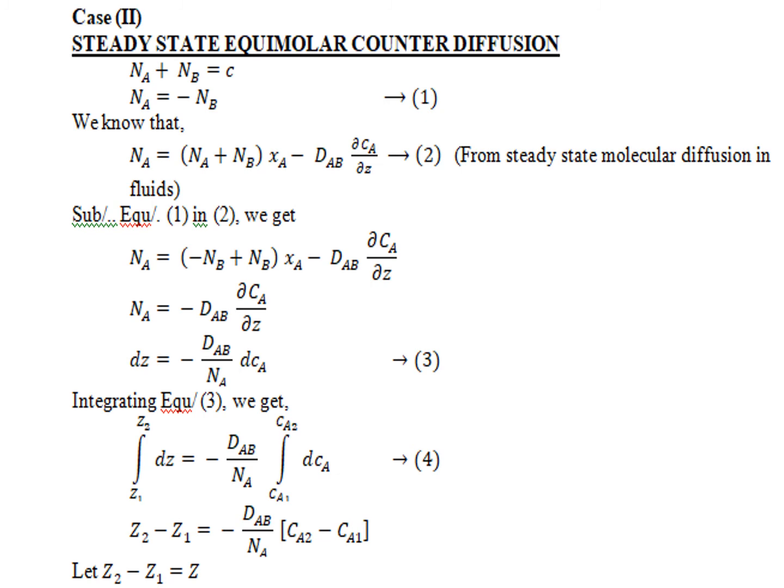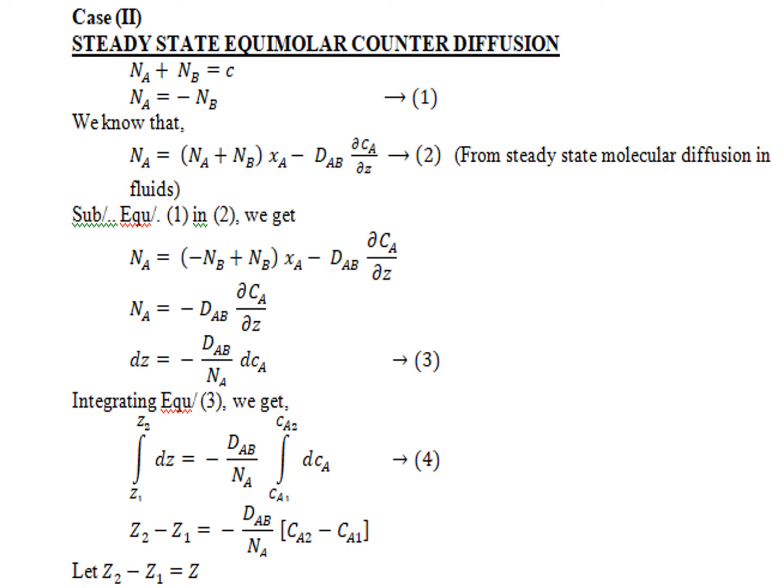In this case we are considering only the convective flux, capital N into Xa, and that N only has Na plus Nb. So Na is equal to minus Nb plus Nb into Xa minus Dab dCa by dZ. The Nb terms cancel and become 0. Finally we get Na is equal to minus Dab dCa by dZ. One thing is very important: why not replace the LHS Na?